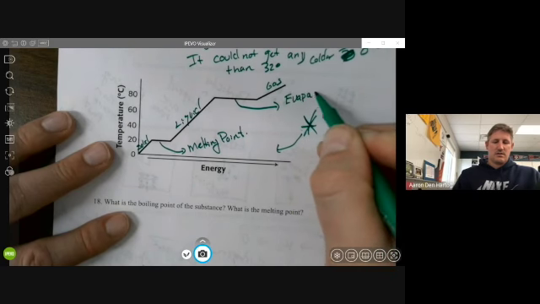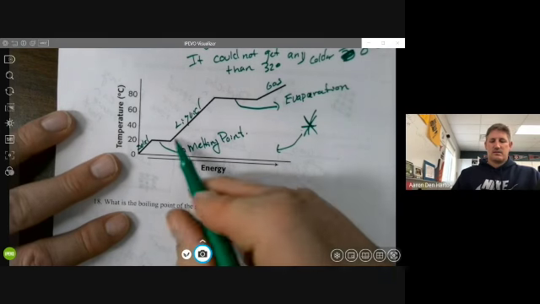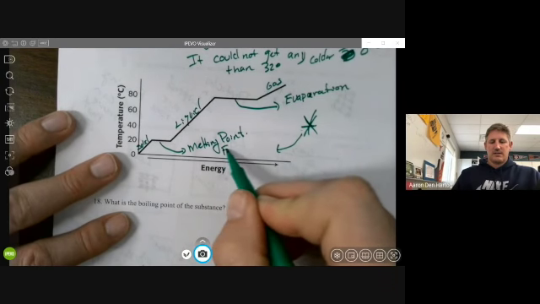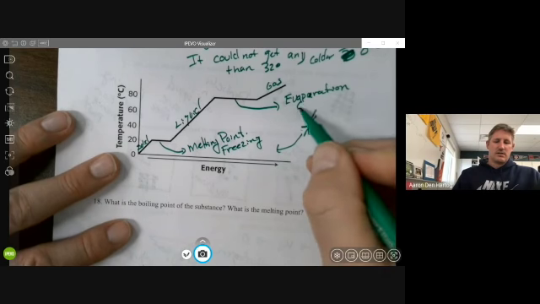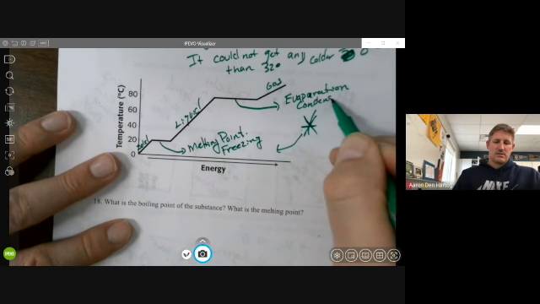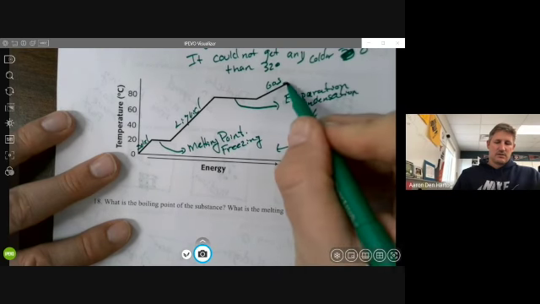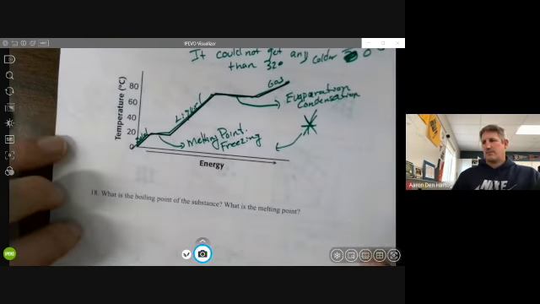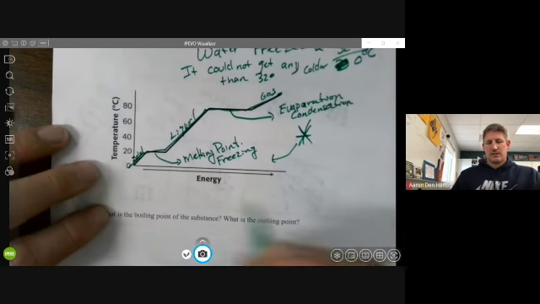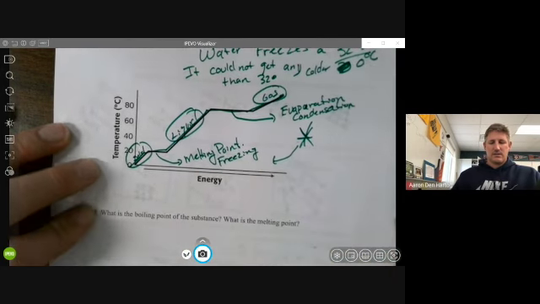Evaporation. This is melting or freezing. That's evaporation or condensation. Because if we go this way, we're condensing it. Make sure you know that this is a solid, this is a liquid, and this is a gas.